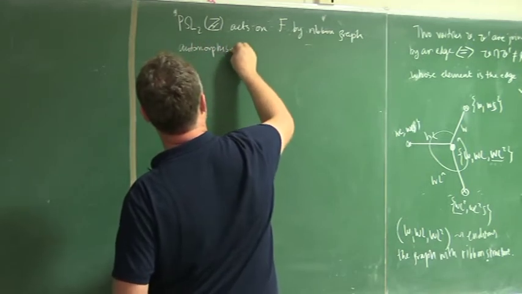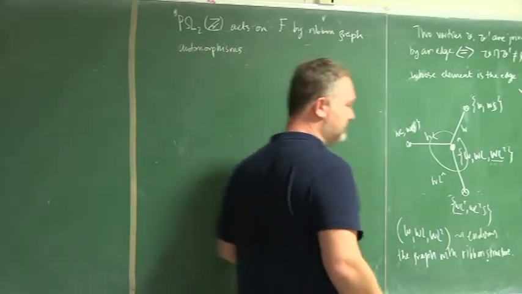What does it mean, ribbon graph automorphisms?